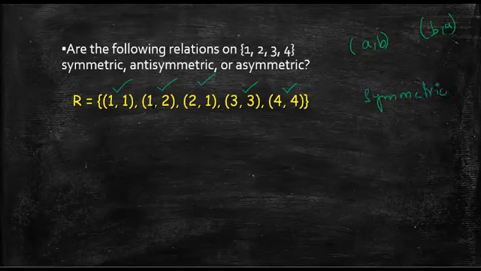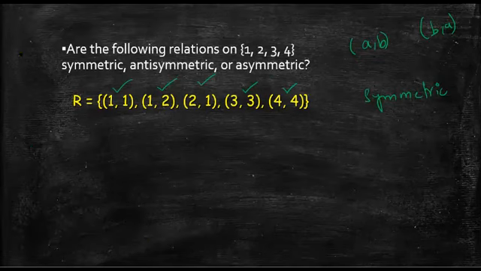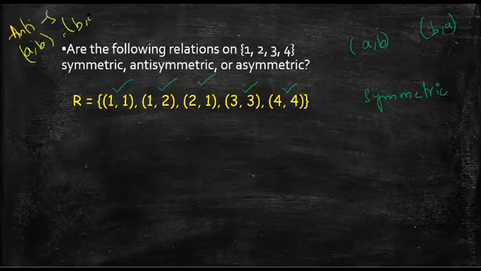Now, what about antisymmetric? In the case of antisymmetric, our condition is, let me mention it over here. For antisymmetric, if A comma B and B comma A both are in the set, then A is equal to B. Okay, let's verify that condition.